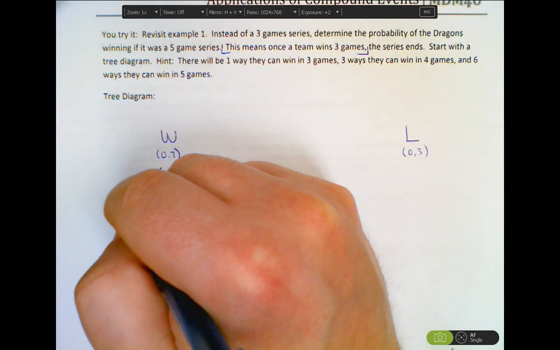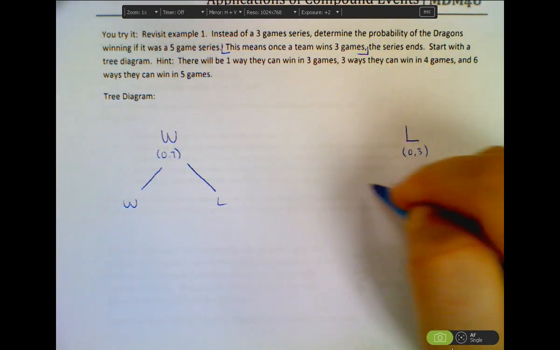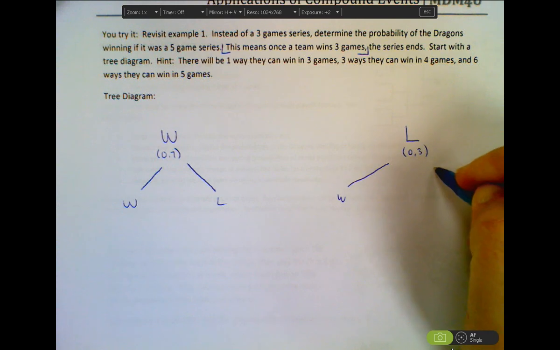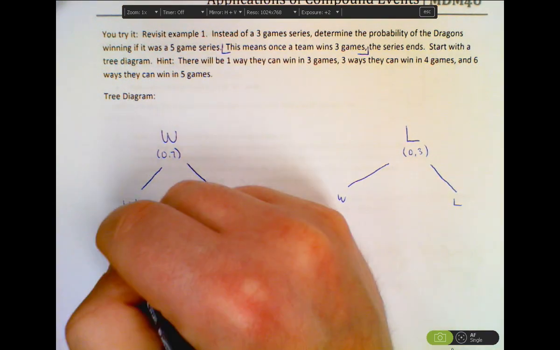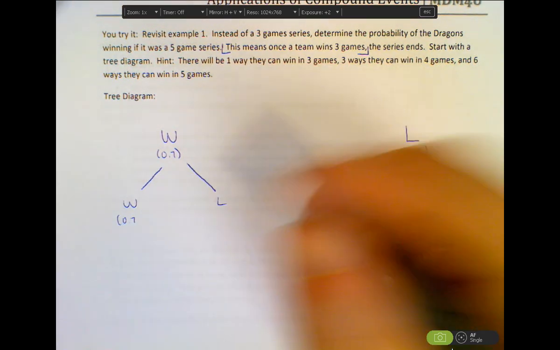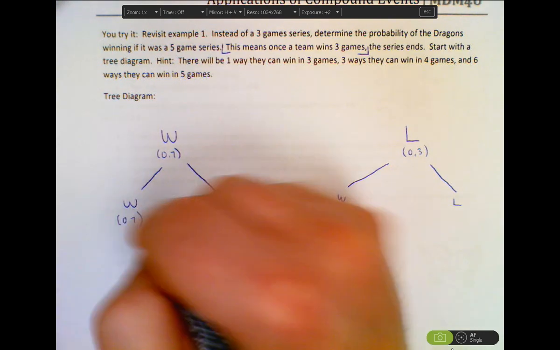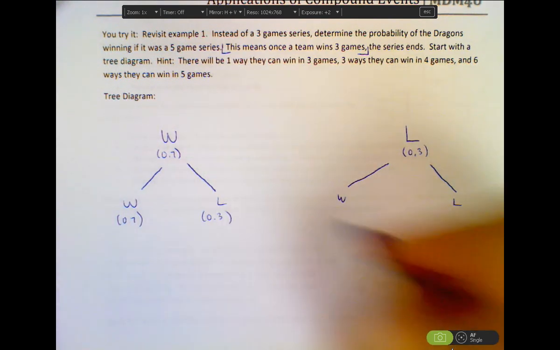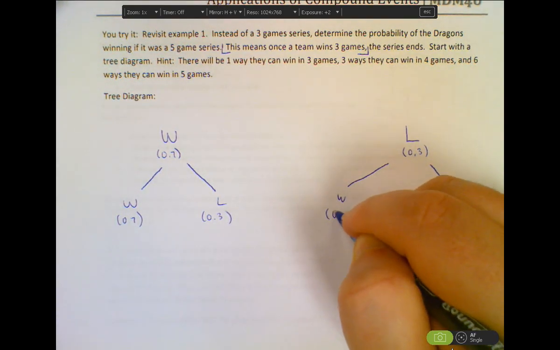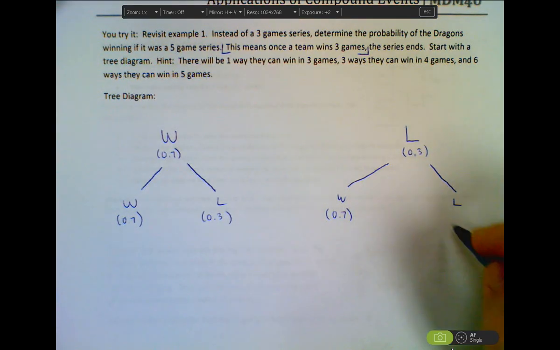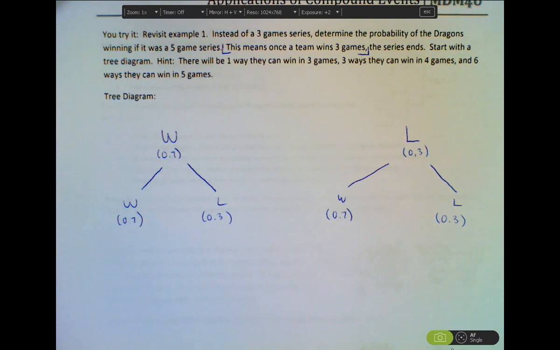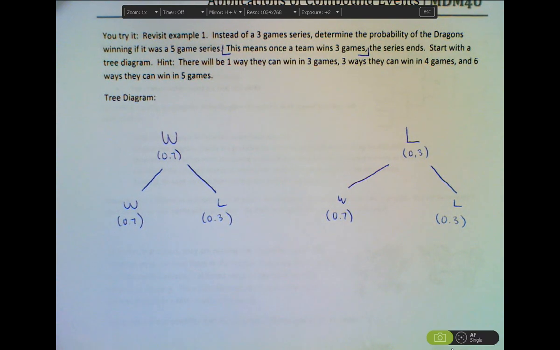And then I'll branch off like this, win-loss, trying to keep things spaced out. So in a best of 5, they're always going to play at least 3 games. So what you will find is that our tree diagram will kind of look like the 3 coin flip, because they're going to play 3 games no matter what.